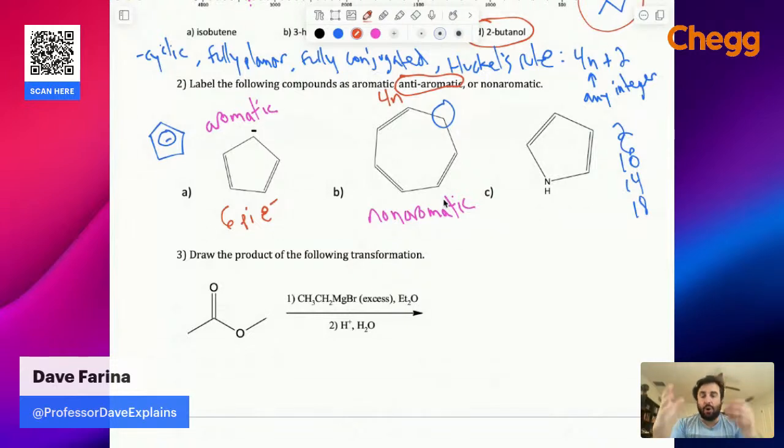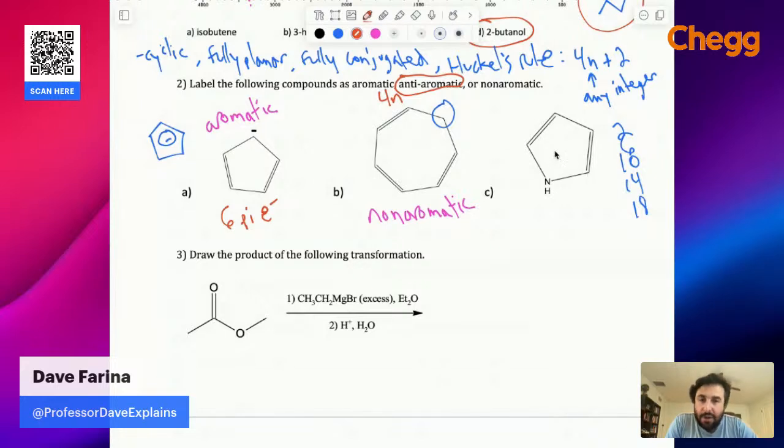So aromaticity is a stabilizing situation. It brings the molecule to a lower energy. Anti-aromaticity is a destabilizing situation for various quantum mechanical reasons that we don't need to get into. So aromatic, non-aromatic.